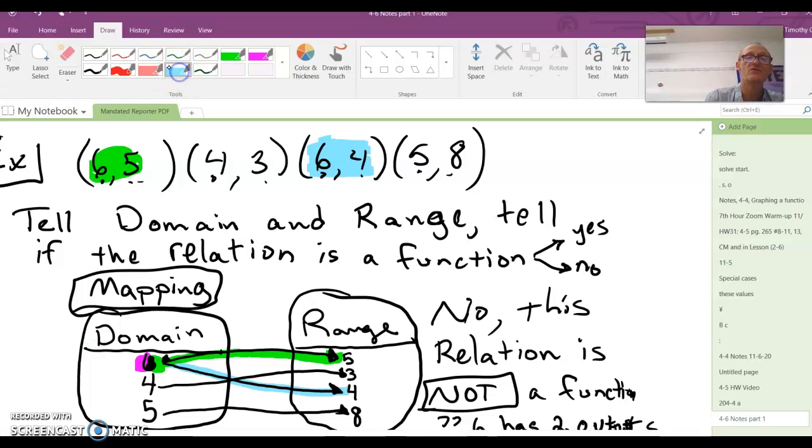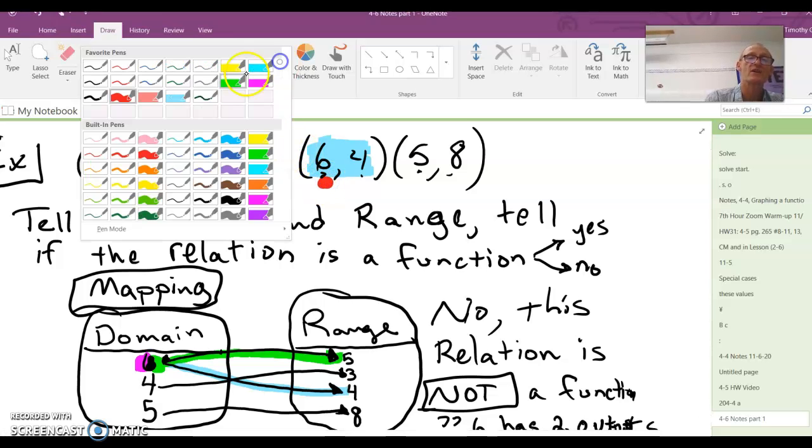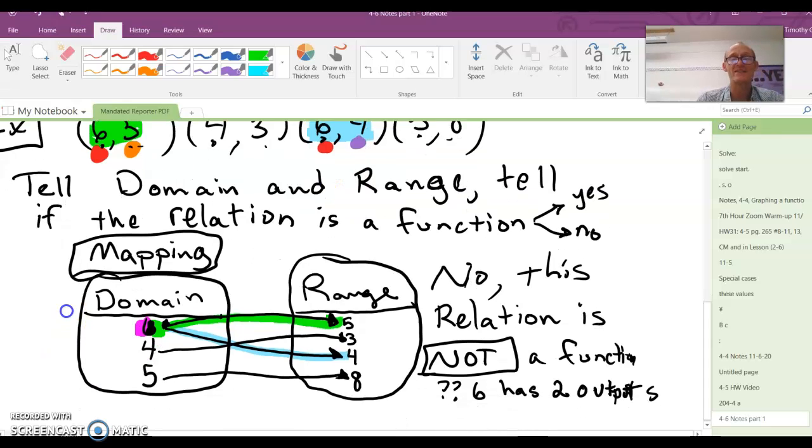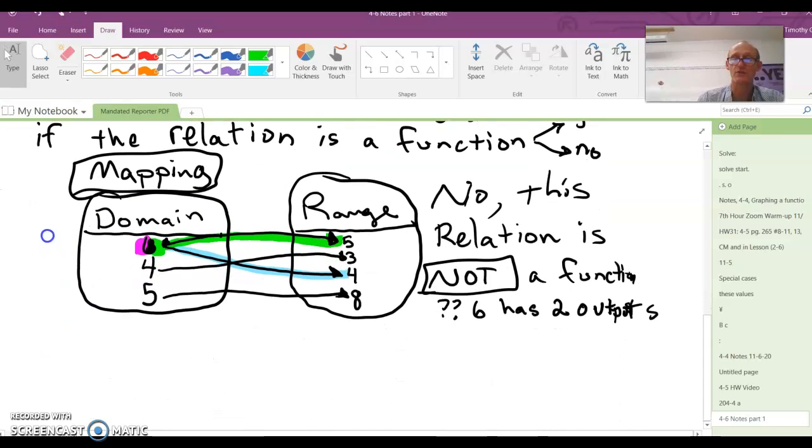We can see it here: there are 2 of the same x values, the 6's, and each one has a different y value, one a 5 and one a 4. So we can see that's not a function from the ordered pairs too. That's the first part of the lesson.